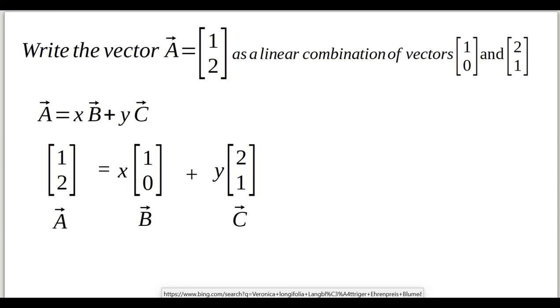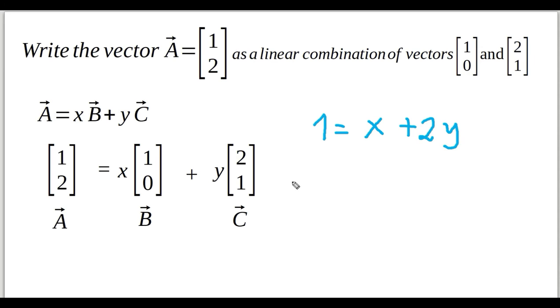We expand, so we get 1 is equal to x times 1, plus y times 2. That is one equation.